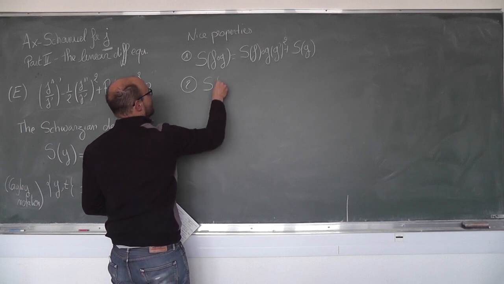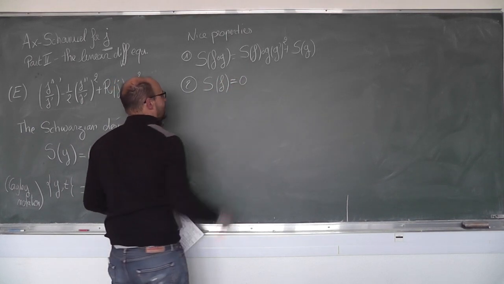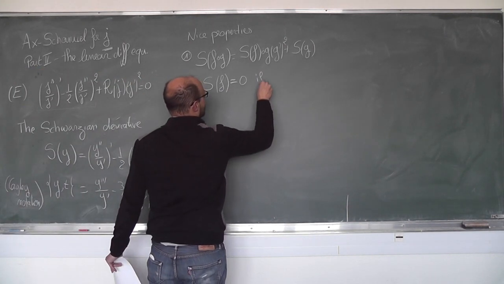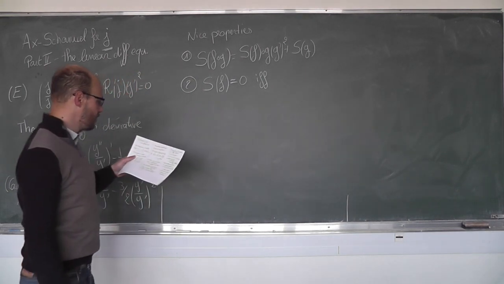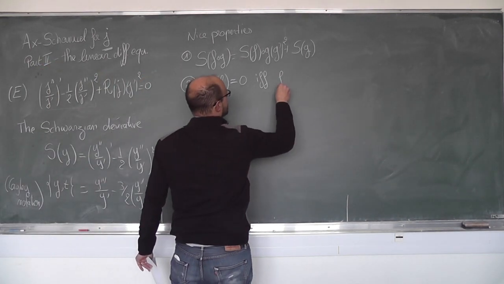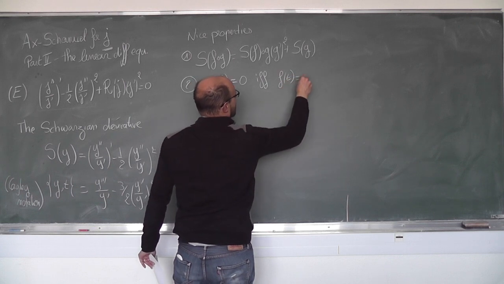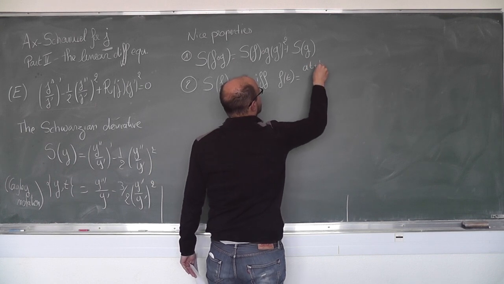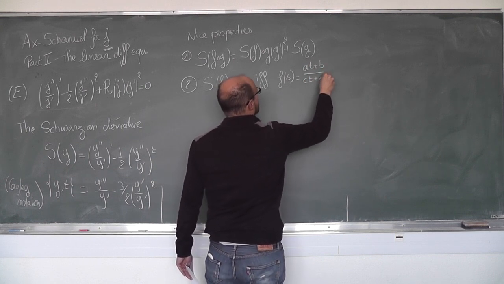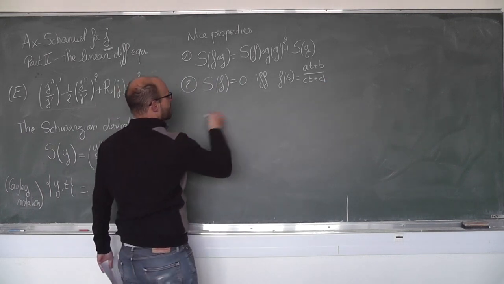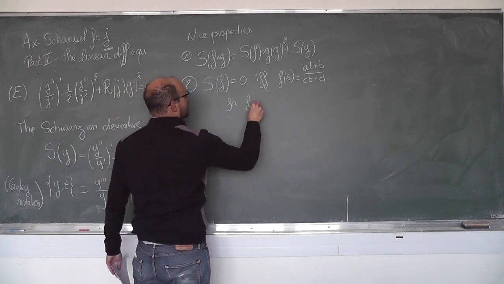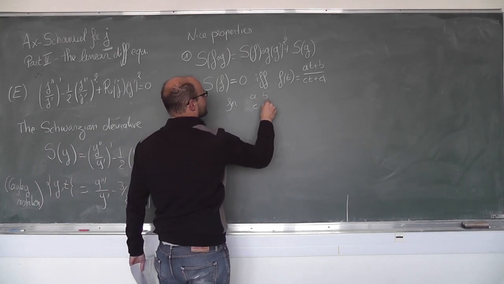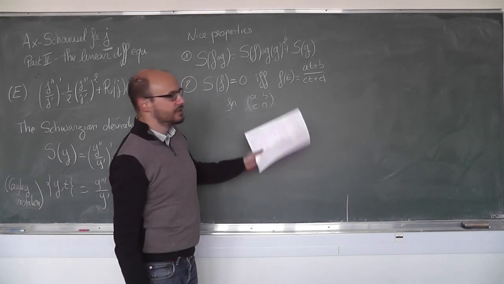So if a function annihilates the Schwarzian derivative, and this is the only case, so this is 0 if and only if you can write f of t as a homography, a fractional linear map, (at plus b) over (ct plus d) for some a, b, c, d, which is a matrix.